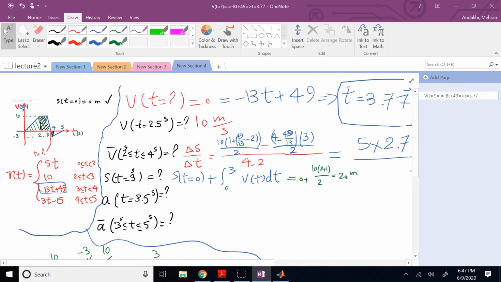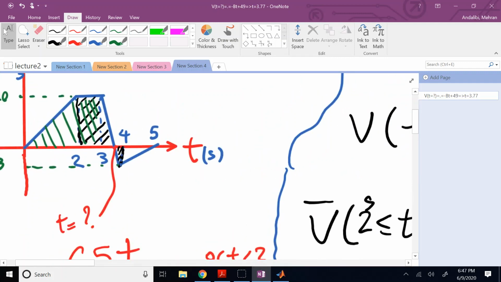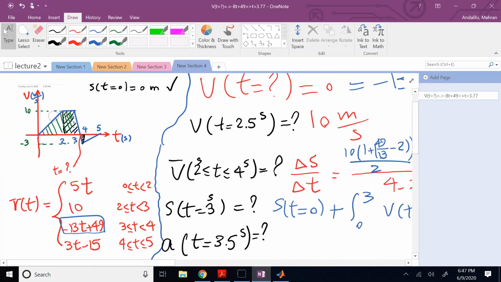Now, what is the instantaneous acceleration at 3.5 seconds? So 3.5 is on this line, right? It's between 3 to 4. And we know that instantaneous acceleration is what in a VT graph? Yes, a slope of the tangent line. In other words, what's the slope of the tangent line here?